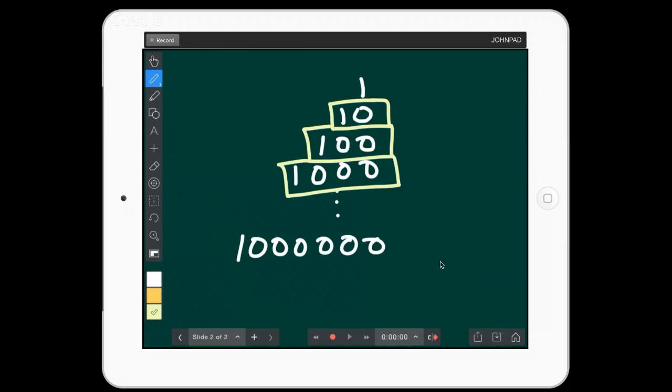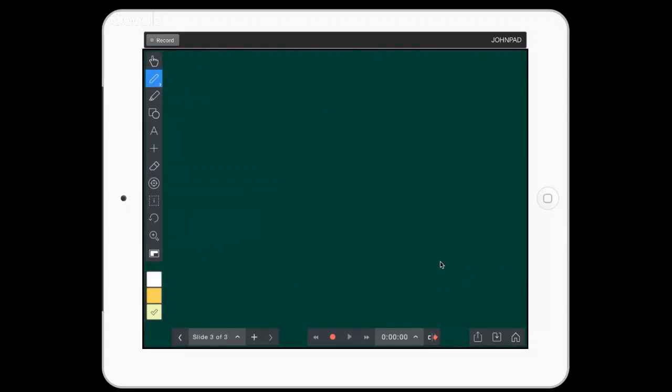And just to illustrate this, and I know this looks terribly boring, but there is a point to it. Let's suppose that we go from 1 to 10. 1, 2, 3, 4, 5, 6, 7, 8, 9, 10.